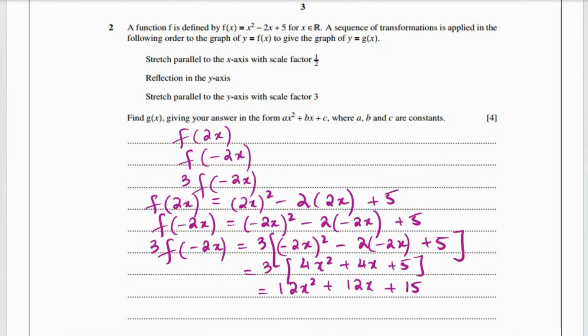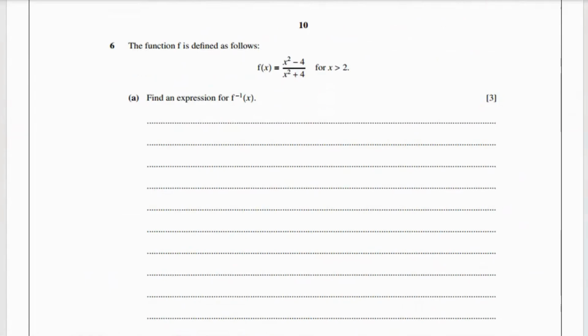Then since the function f is defined as follows, f of x equals x squared minus 4 over x squared plus 4 for x greater than 2. Find an expression for f inverse of x. So y equals x squared minus 4 over x squared plus 4. So we cross multiply first. Y bracket x squared plus 4 equals x squared minus 4.